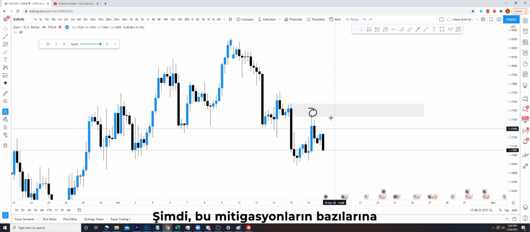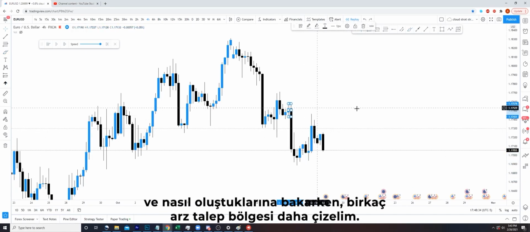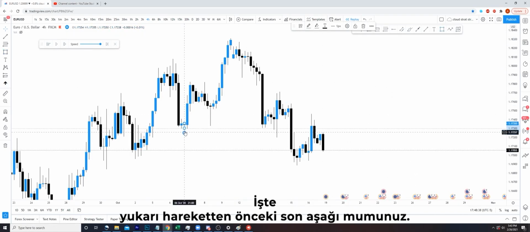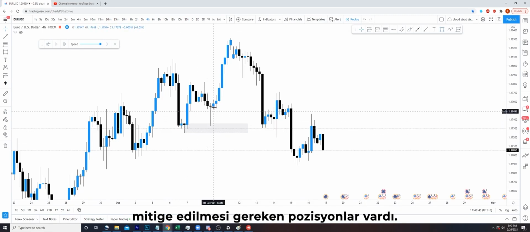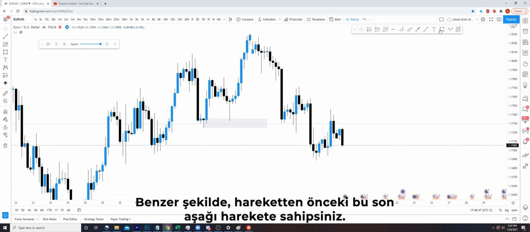Now, as we're taking a look at some of these mitigations and how they occur, let's draw out a few more demand and supply zones. Here's your last down candle before the up move. That is a demand zone that was mitigated because there were positions here that needed to be mitigated before the up move. Okay. Similarly, you have this last down move before the up move.